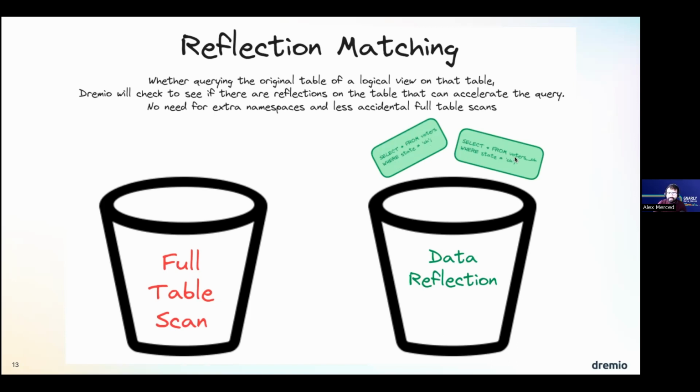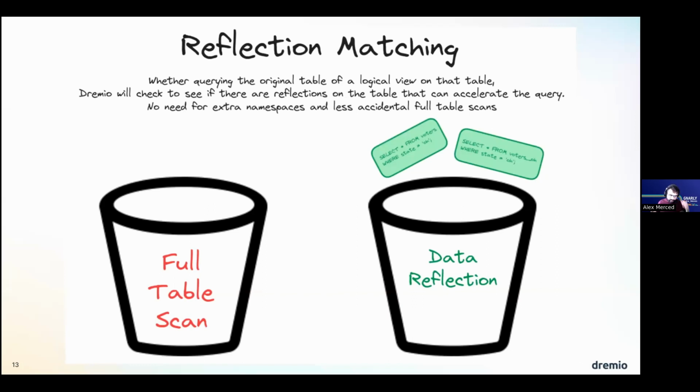And then if I do voters Ohio, which generally comes from that view, it's not the same namespace, but even though it's not the same namespace, Dremio is aware of the relation of this view to the table that's been reflected, and will know, even better, that this data reflection was partitioned by state, and take advantage of that, and basically use a data reflection to process that query. So those queries are going to get faster, and the end user didn't need to know a particular namespace.